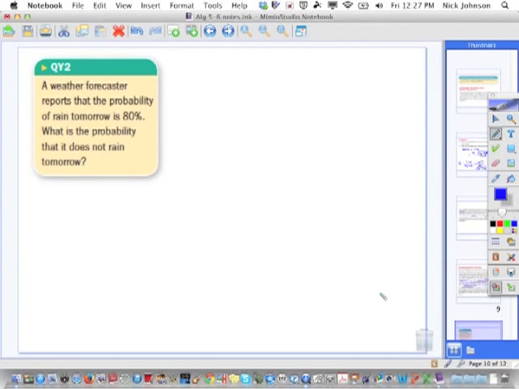So, looking at this problem, a weather forecaster reports that the probability of rain tomorrow is 80%. So, the probability of rain equals 80%. What is the probability that it's not going to rain tomorrow?